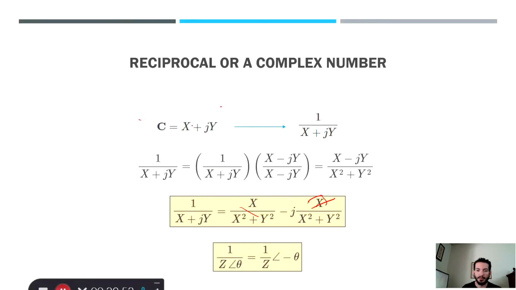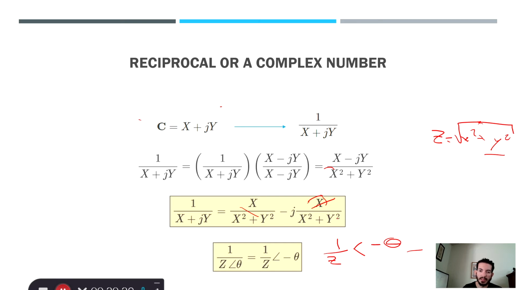Also, by rules of polar and rectangular coordinates, if you want to express this in the polar coordinate system, you can simply say the same thing, where 1 divided by z and negative angle. So this z is what I computed earlier. z equals the square root of x squared plus y squared, and of course this square root is the whole thing.